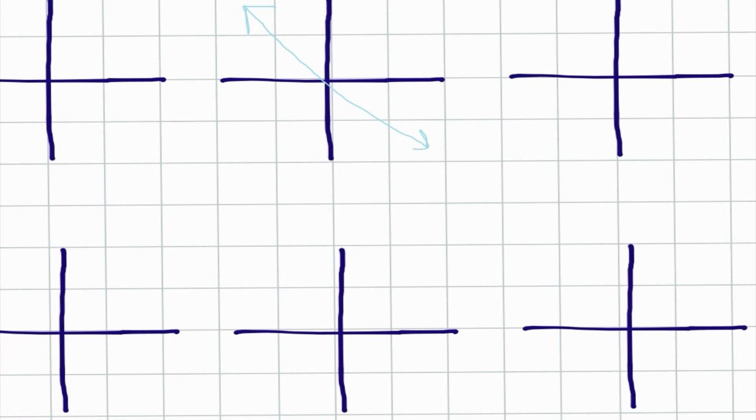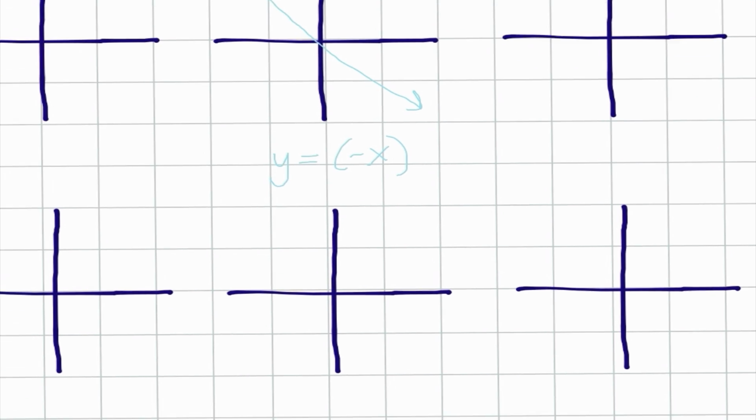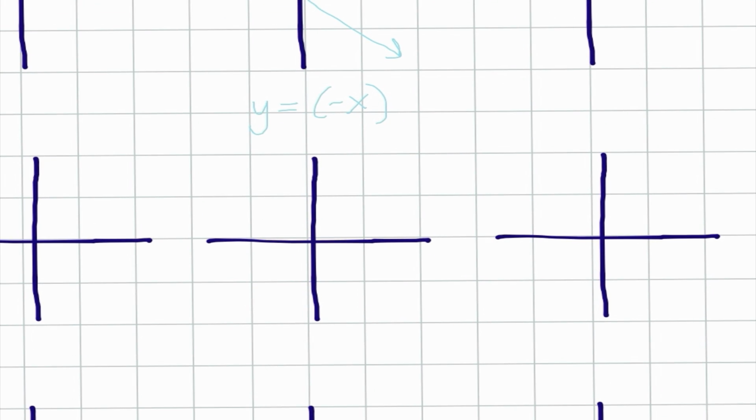Our next one that we're going to look at is y equals the quantity -x. And once again, you guys might be thinking, well, that looks just like what we just did. And in this case, you are correct. It ends up being the same graph. But what I want to point out is that whenever we have a negative inside the parentheses, it causes a reflection over the y-axis.